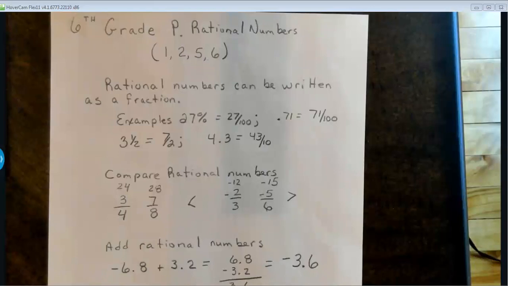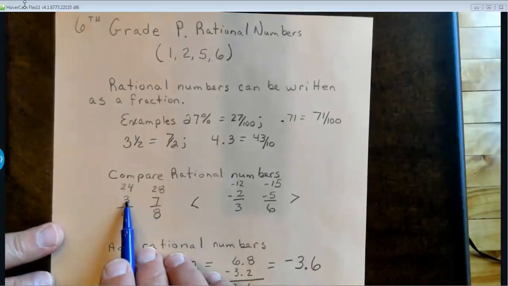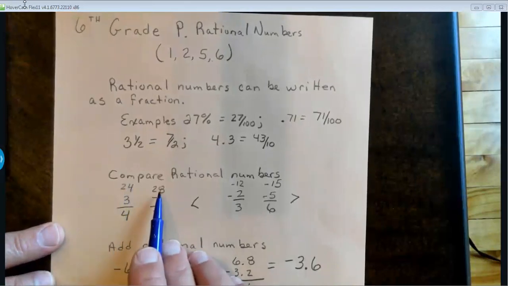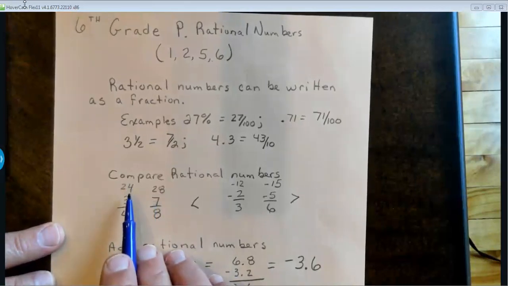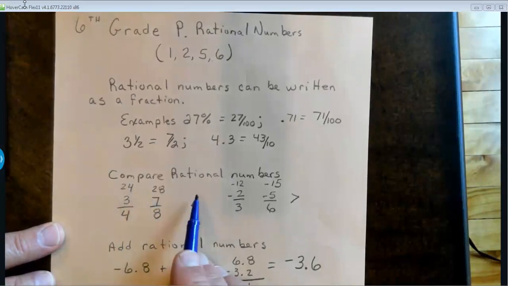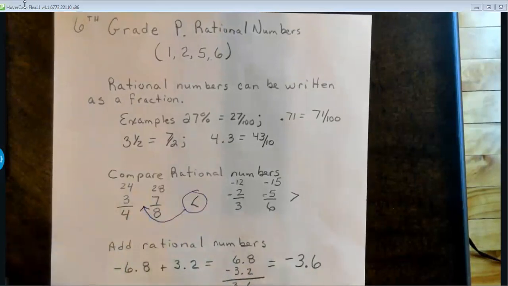Now, when we compare rational numbers, you can use cross multiplying with fractions. Right here, if I do 8 times 3, I get 24, and 4 times 7, which is 28. 24 is less than 28, so the less than sign would go in right there.